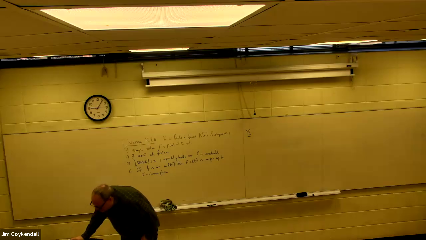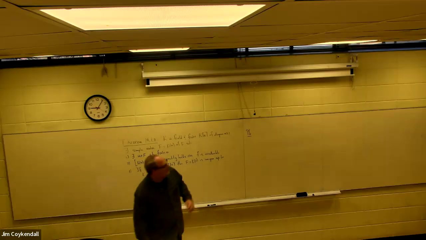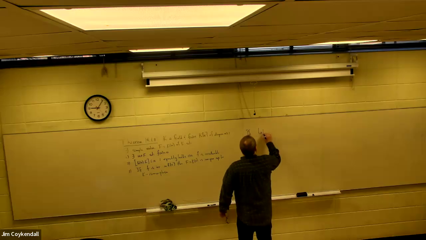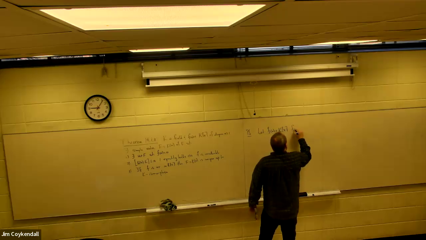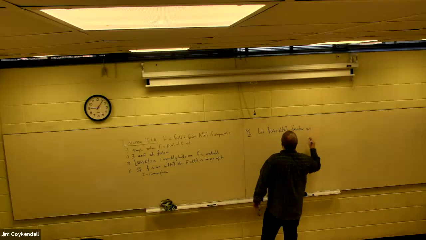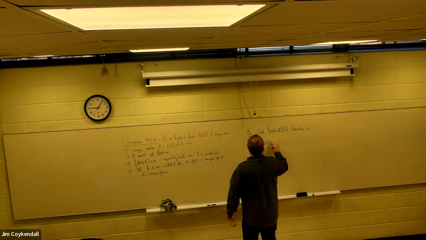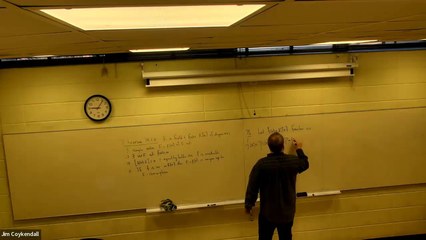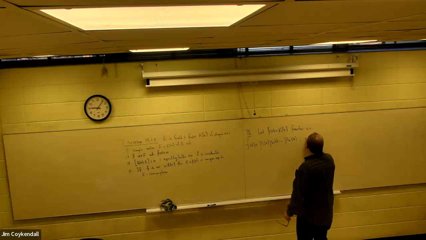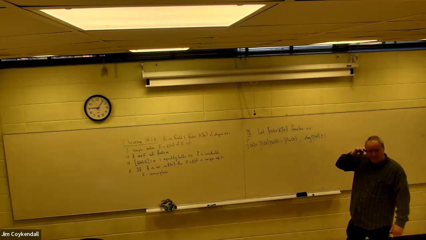Let's suppose that we can factor f of x in k[x]. Say f of x is p1(x), p2(x), up to pm(x), where each one of these has degree at least one.